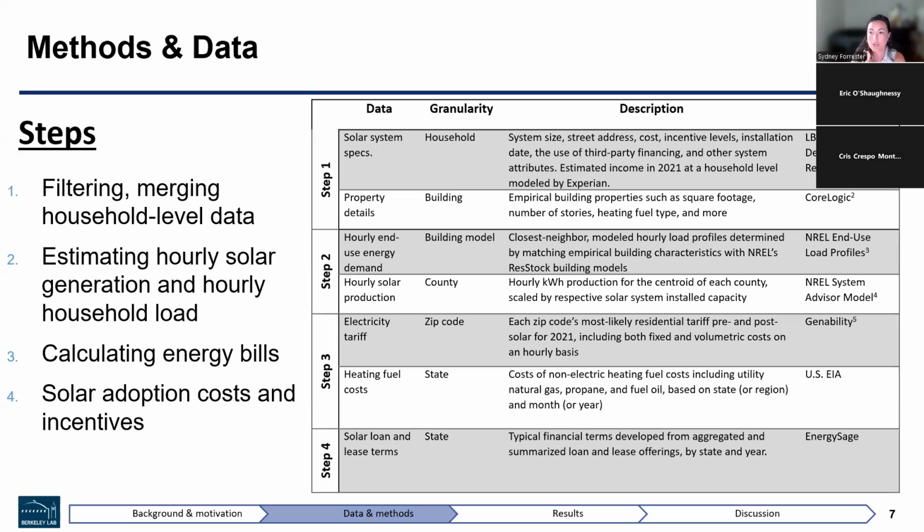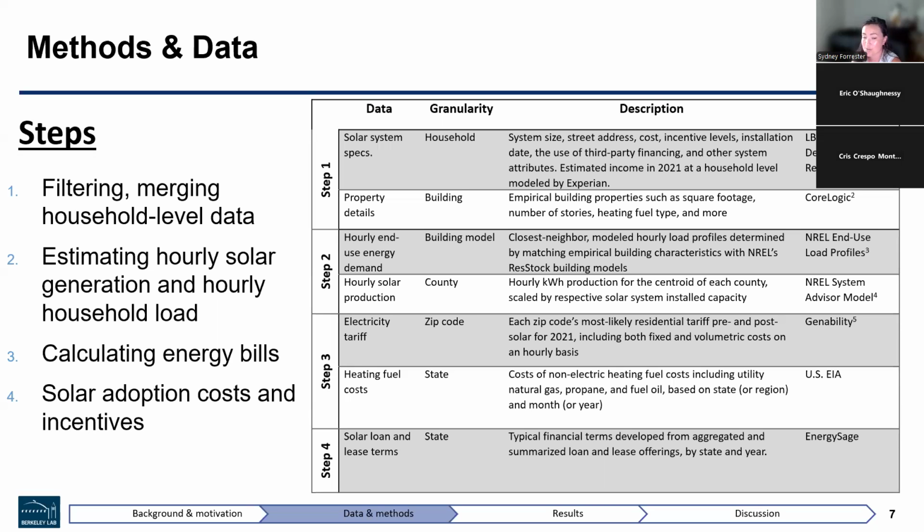Finally, to come up with the ways that the solar system is paid back, again, we have empirical information on the cost and the incentives, but we don't know necessarily what terms they got. So we have empirical EnergySage data, but it's not for the specific systems themselves.